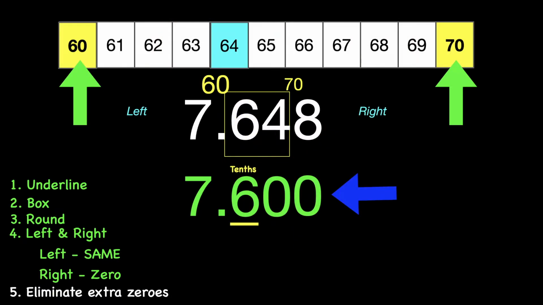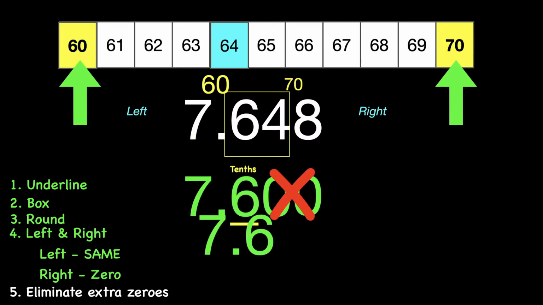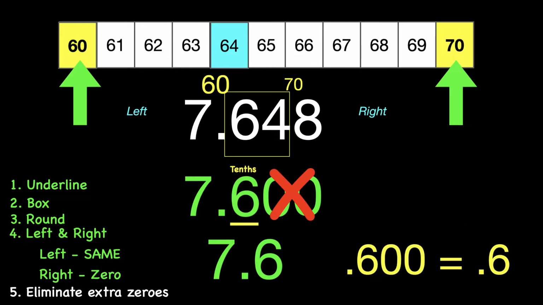Now, how do we know which ones? Remember, we had to round this to the tenths. So anything that comes after the tenths, we're going to get rid of. So our answer is going to be 7 and 6 tenths. The reason why we can do that is that the decimal point 600 and the decimal point 6, those are equivalent decimals or equivalent fractions.